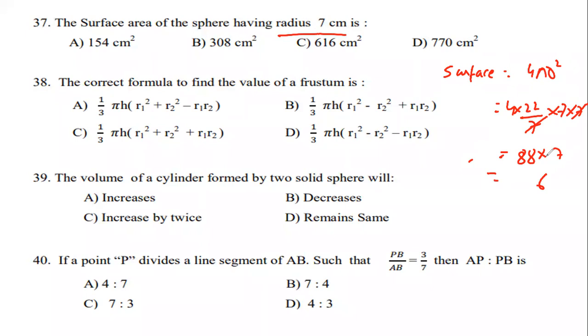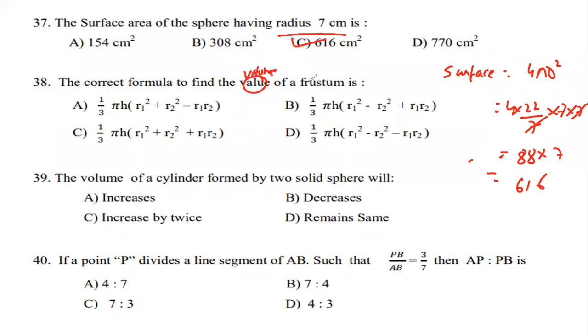Carry 5, 56 plus 6, 616. So which option is right? Option C is correct.